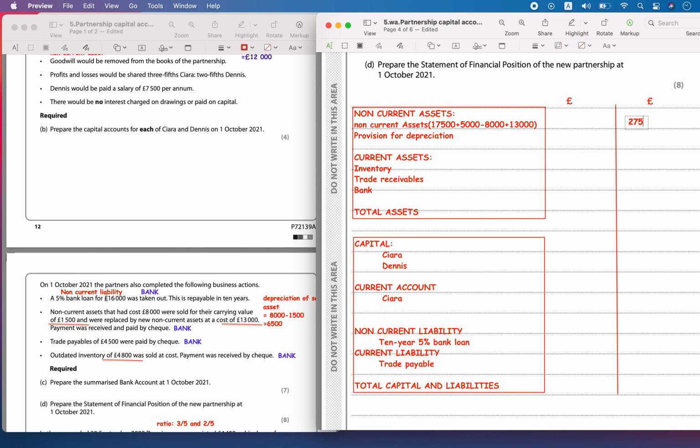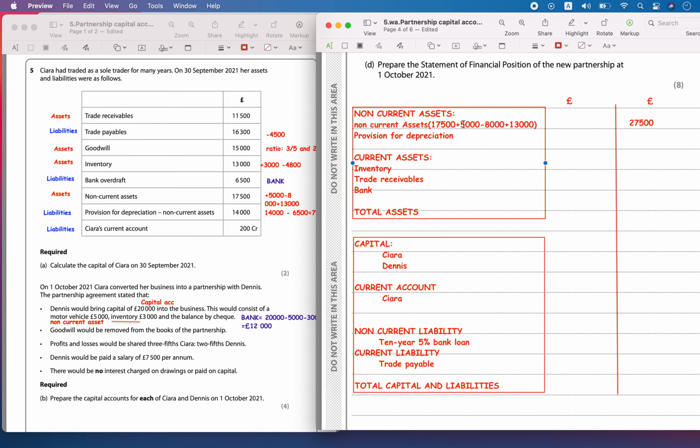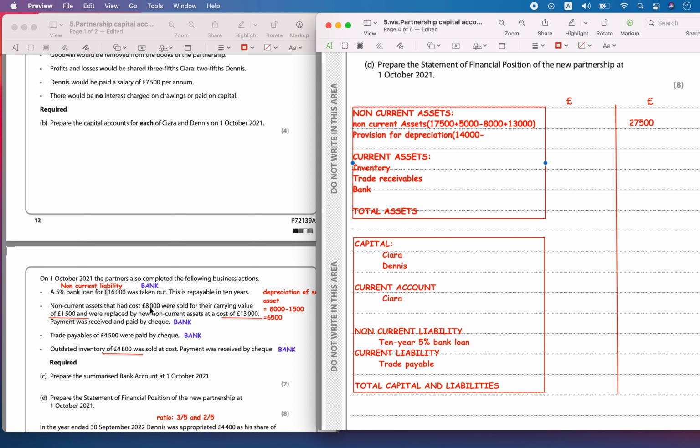So let's write that, 27,500. Then provision for depreciation. So let's see what is the provision. At the beginning it was 14,000, and then we can see that there was a removal, the selling of this non-current asset. The carrying value was 1,500.